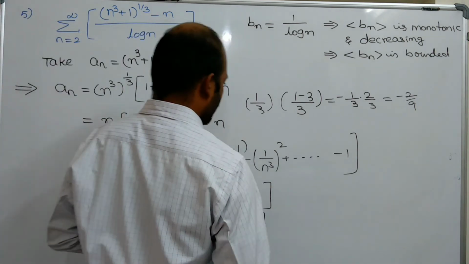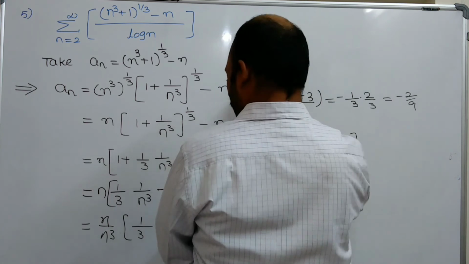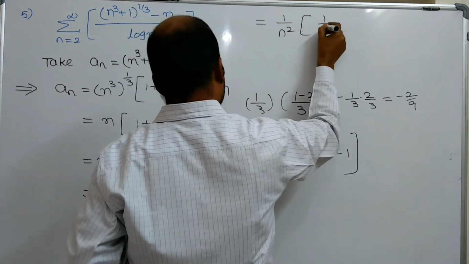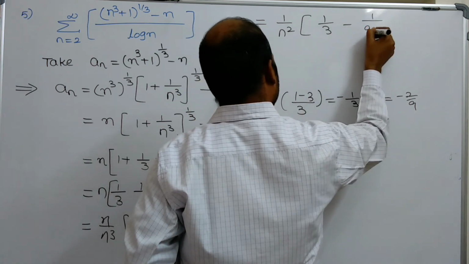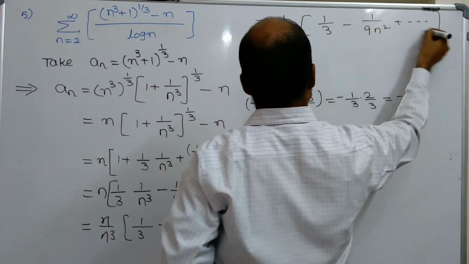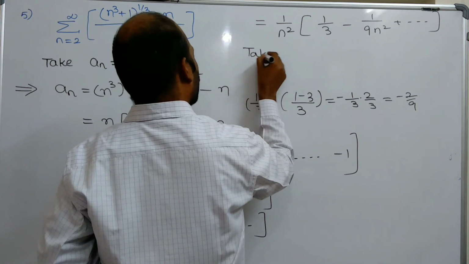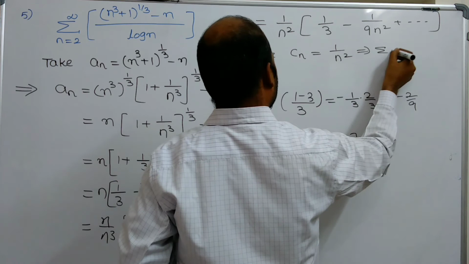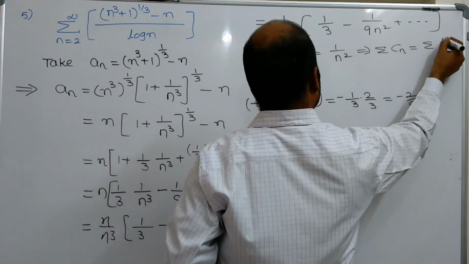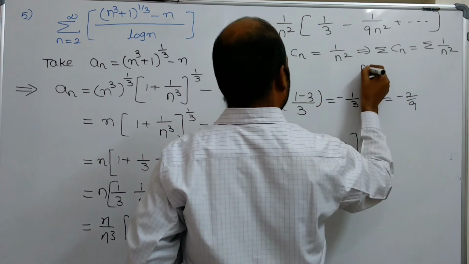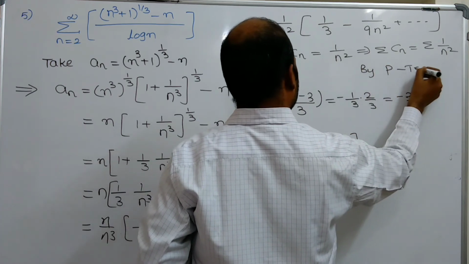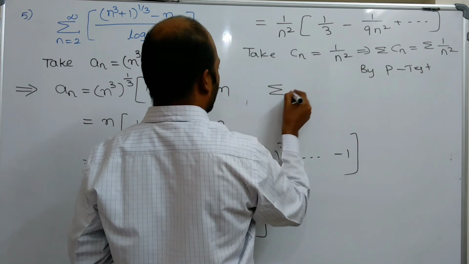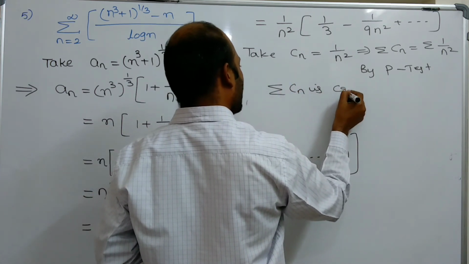So finally you get 1 by n square into (1 by 3 minus 1 by 9n square plus and so on). Take Cn is equal to 1 by n square. It is very clear: summation Cn is equal to summation 1 by n square. By p test, summation Cn is convergent.